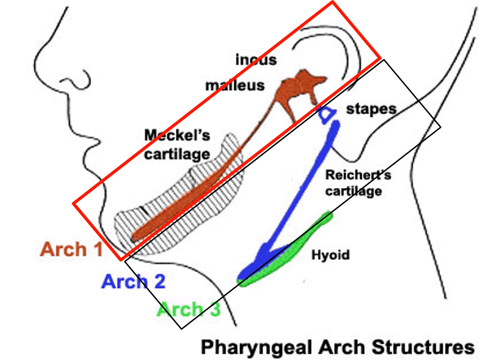Therefore, this is called the hyoid arch or the facial arch. Arch 3 contains the lower part of the hyoid bone.